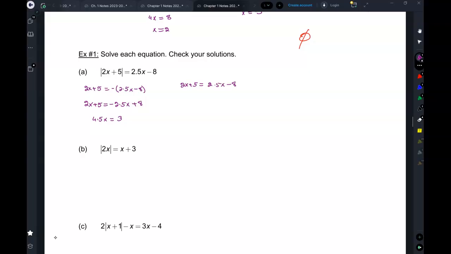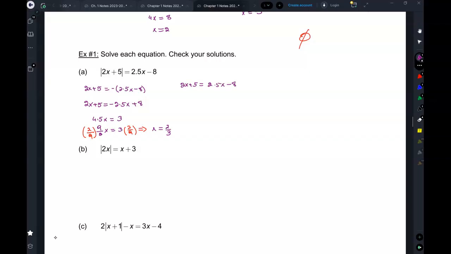All right, so the 4.5x, again, I'm going to write it as 9 over 2. X is equal to 3. Multiply both sides by 2 over 9. So I get that x is equal to 2/3.